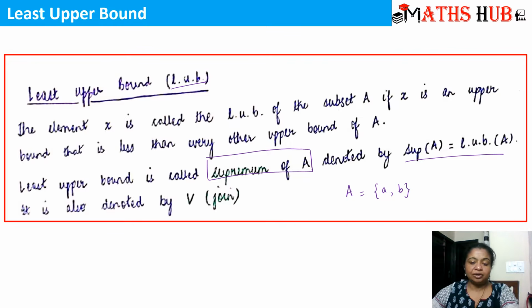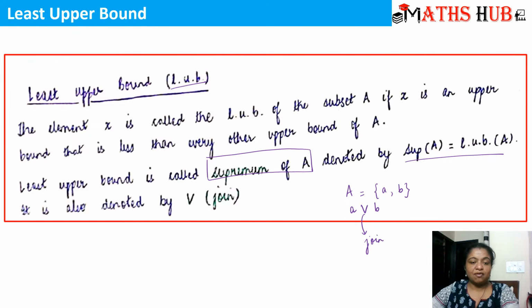So how do we denote that we have to calculate the least upper bound? It is denoted by the join symbol, right? So a supremum or the least upper bound is denoted by the join symbol. So if we have to calculate the supremum or the least upper bound between these two elements, we denote a V symbol here. So it is called the join. So we read it as a join b. So this is the definition of least upper bound.